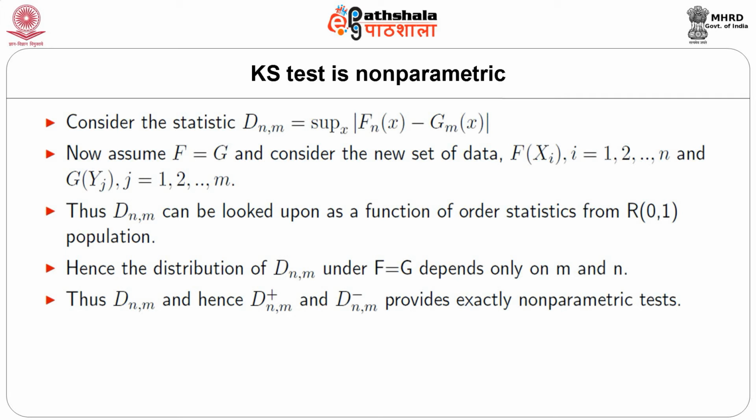Note that Fn(x) and Gm(x) do not change for the new set of data. Now, the transformed data observations are the observations from a rectangular 0-1 population. Thus, Dnm can be looked upon as a function of order statistics from a rectangular 0-1 population. Hence, the distribution of Dnm under F equals G depends only on m and n. Thus, tests provided by the Kolmogorov-Smirnov statistic are exactly non-parametric.